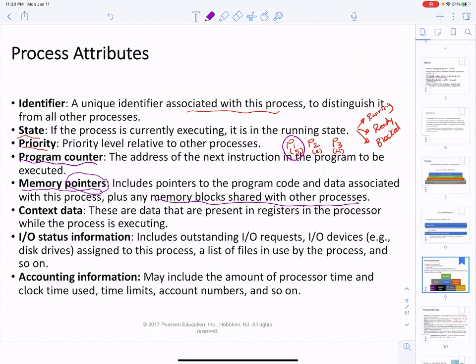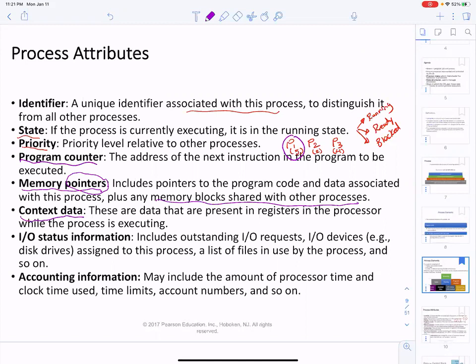In addition to the pointers that we use to refer to either program code or data associated with the process, we are also interested in defining context data. Context data is the data that is present in the registers in the processor while the process is executing. For the operating system, it's not only about monitoring the behavior of a process, it's also mandatory to monitor the behavior of the processor.